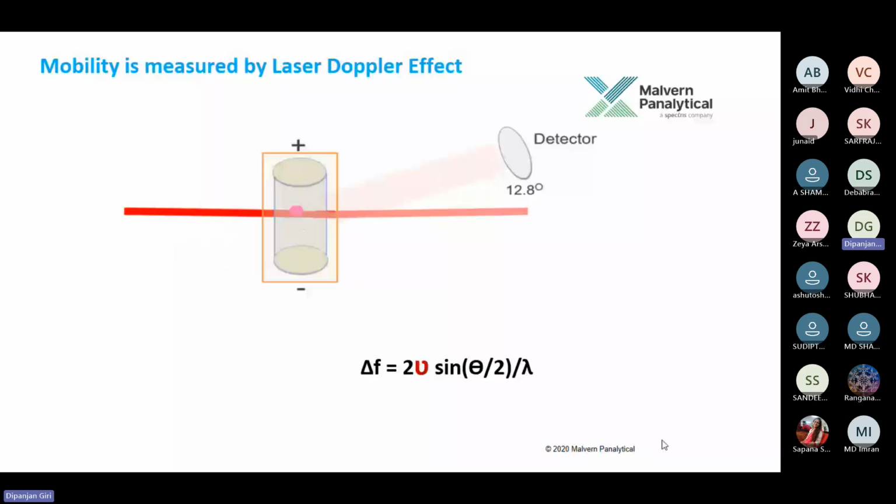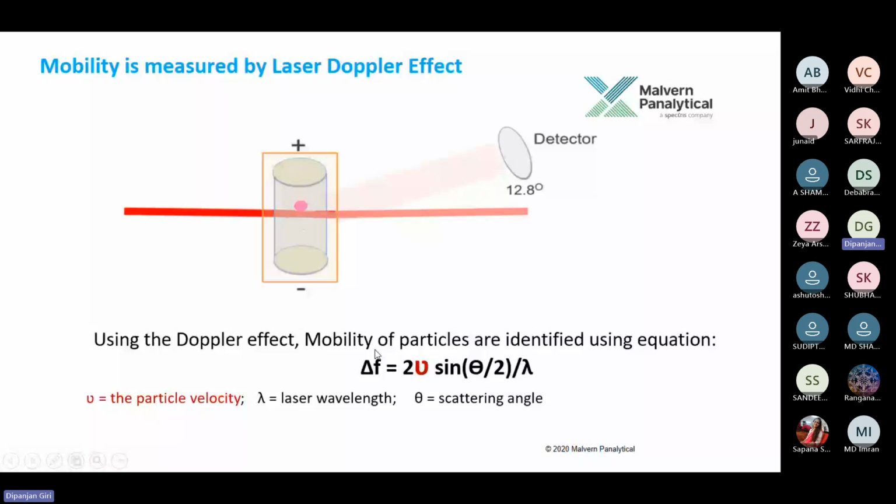So this is the equation, where V is the particle velocity, lambda is the laser wavelength, and theta is the scattering angle.